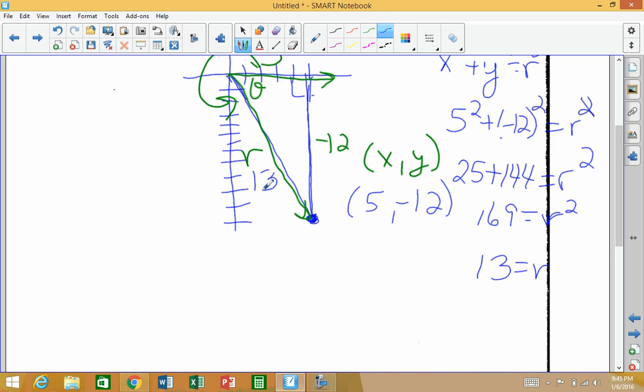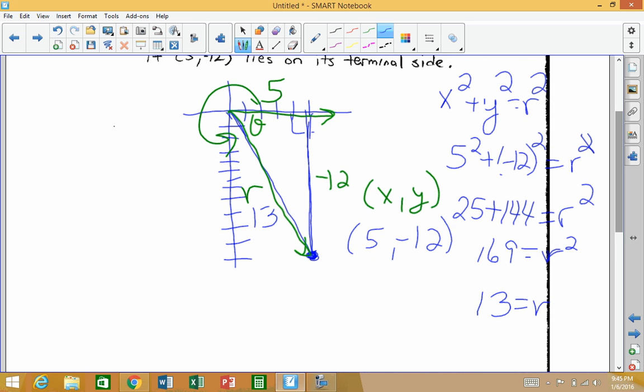We know our x, we know our y, or you could say we know our opposite and adjacent. We know the hypotenuse. We can now do all 6 trig functions. So the sine of theta, we don't know the actual angle, so the sine of theta is going to be the opposite over the hypotenuse. It's going to be -12 over 13.